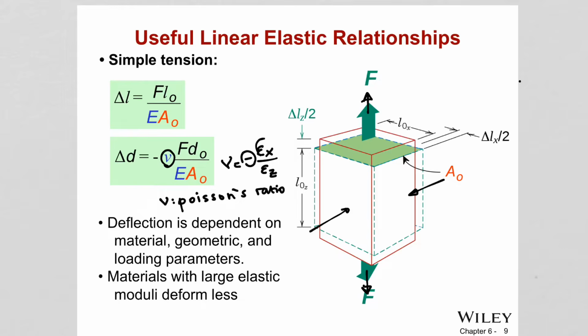So this is negative. With this negative, it is making Poisson's ratio positive. So by definition, Poisson's ratio is epsilon x over epsilon z, or epsilon y over epsilon z. This is z.